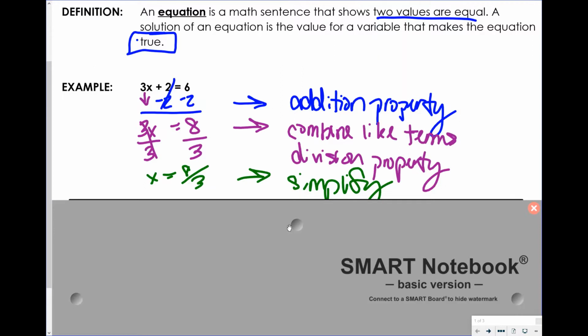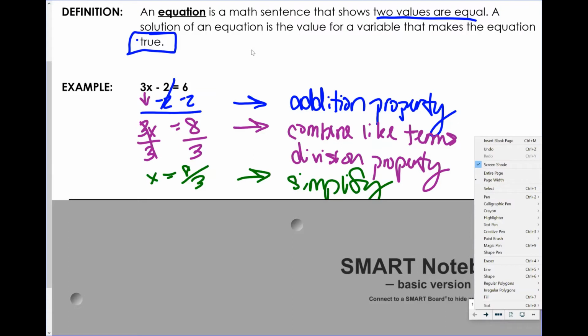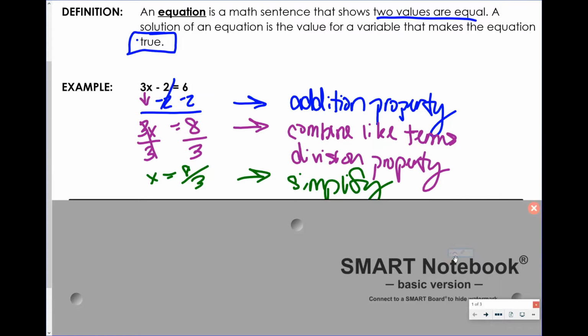Okay, let me change this very quickly. It's supposed to be 3x minus 2 equals 6, and I have 3x plus 2 equals 6. So let me change that quickly here. Okay. Now, of course, this, you're adding. There we go.